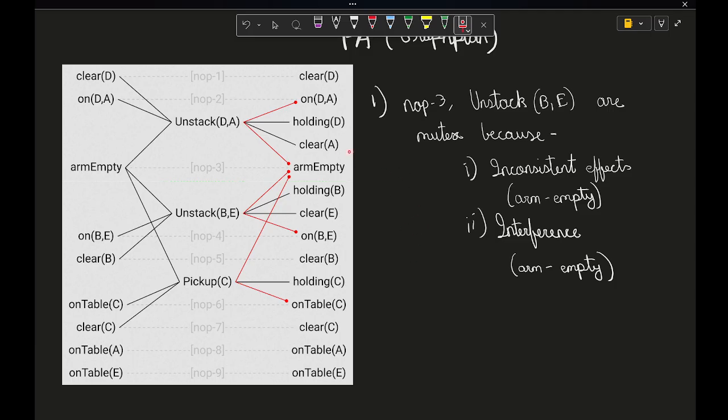But mutex actions belong to the same layer, right? It can't be that one action belongs to one layer and one to the next layer. Yeah, within the layer. All the mutex thing is within the action layer or proposition layer.